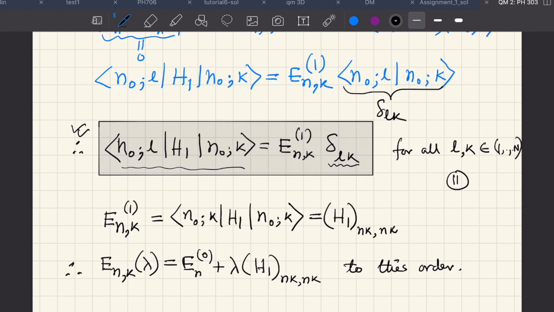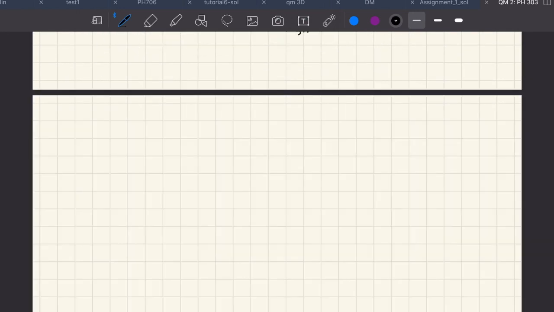That is the first important point here. Now, life is simpler if the E_nK1s are all different. So here are some remarks about this result.